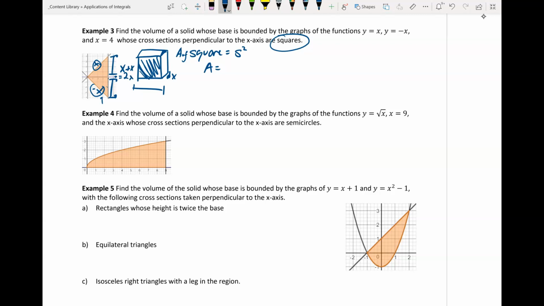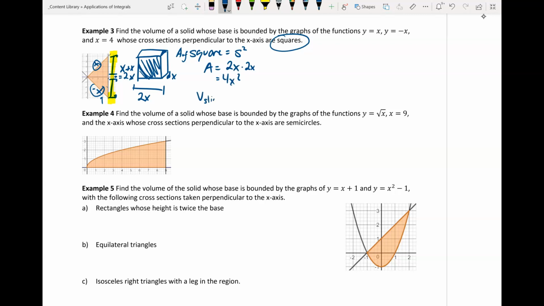So overall, the height from the top here to the bottom here has to do with x plus x. Because the height is 2x, that means the length is also 2x, because this is a square and it has to have the same. If I look at the overall area now, that's 2x times 2x, which is 4x squared.